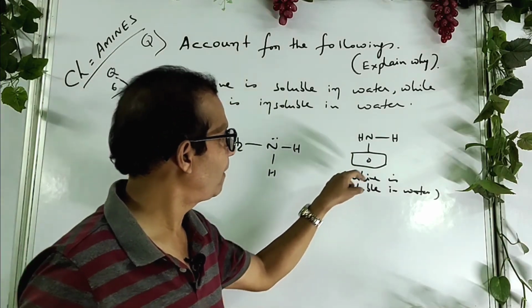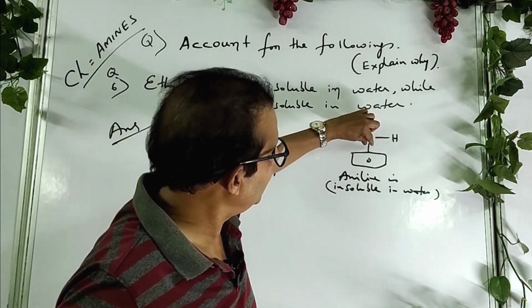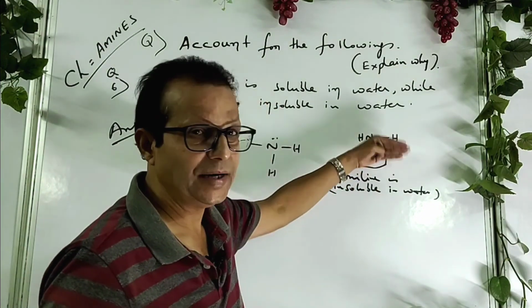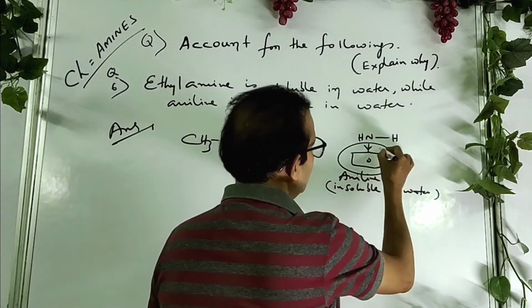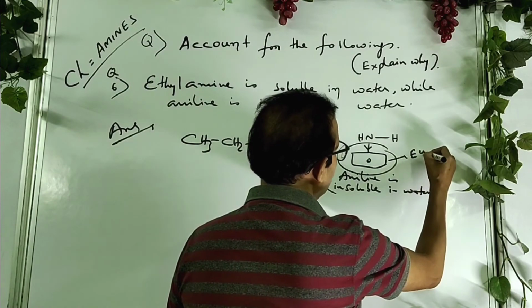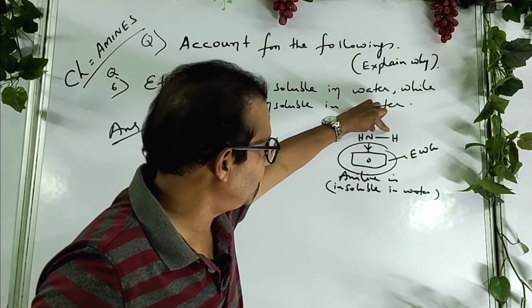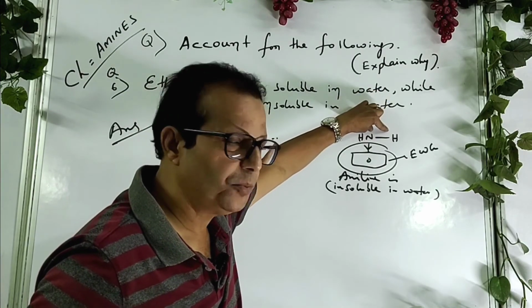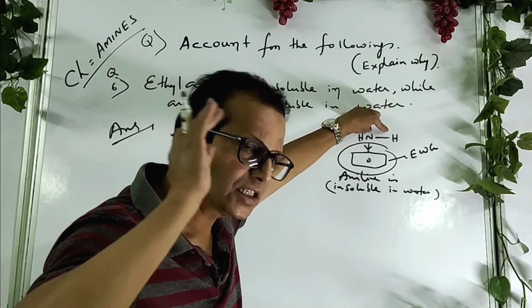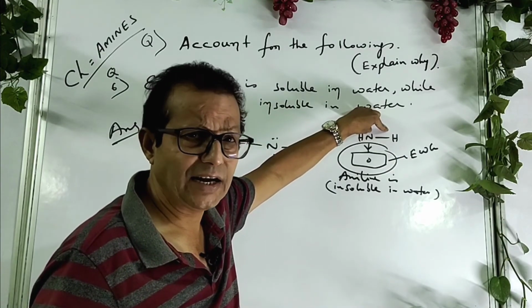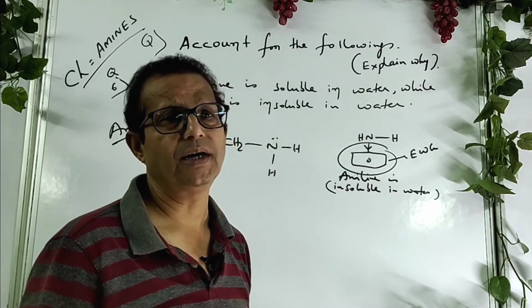Another thing, due to the electron withdrawing nature of the benzene ring in aniline, the polarity of the NH bond decreases to such an extent that it cannot form hydrogen bonding with water.